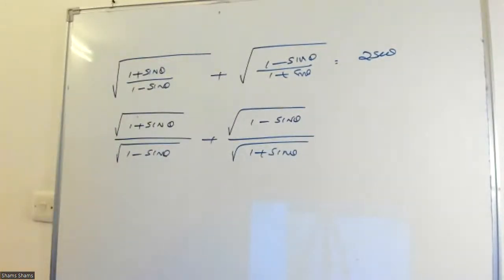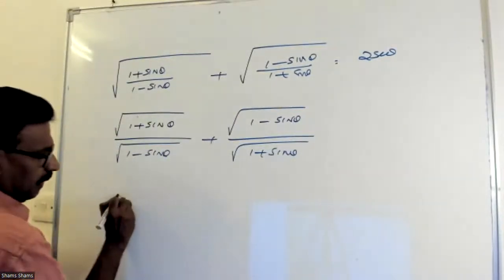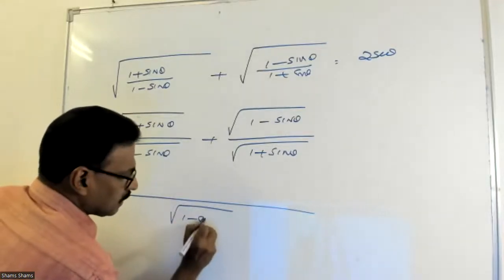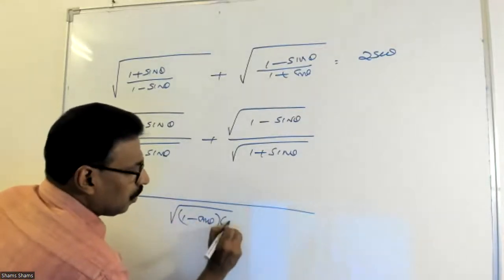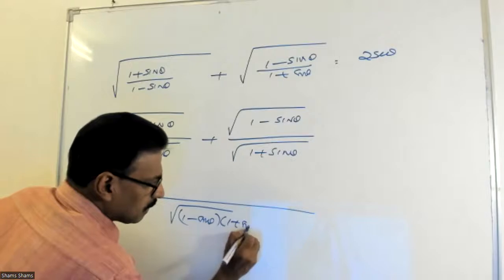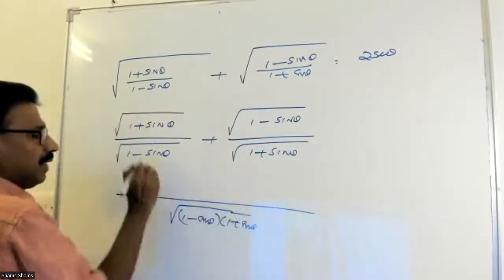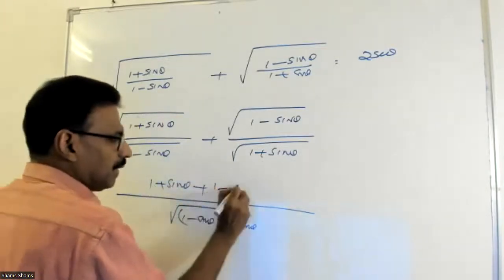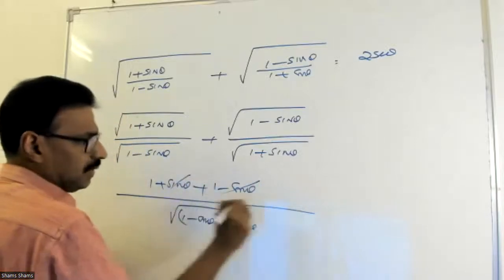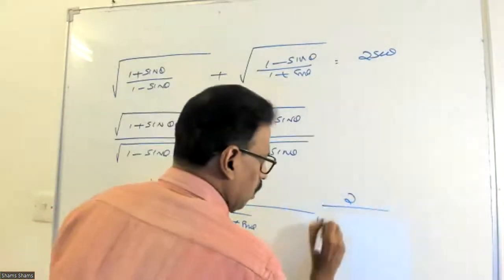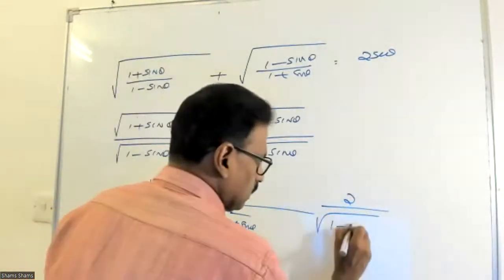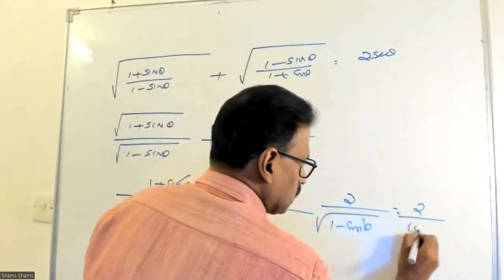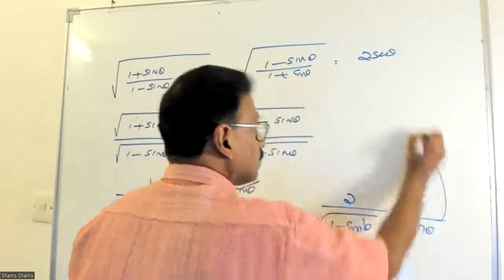Okay, then the LCM is root of 1 minus sine theta into 1 plus sine theta. This is coming here: 1 plus sine theta plus 1 minus sine theta, cancel, 2 divided by root of 1 minus sine square theta. That is 2 divided by cos theta.